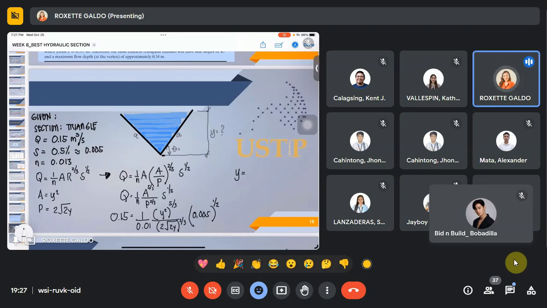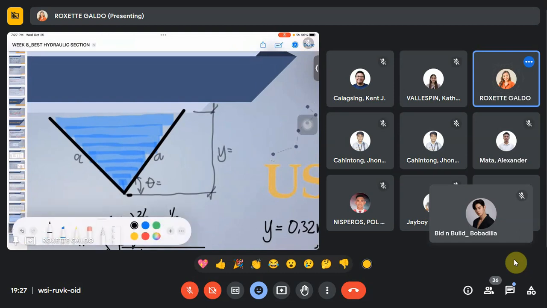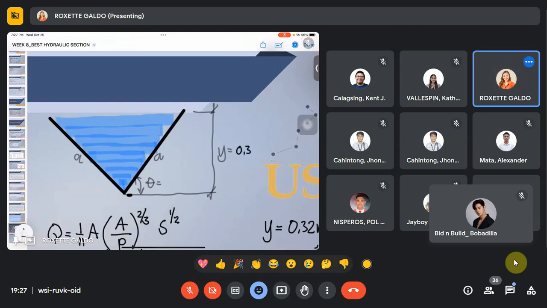Okay, it is 0.32 meters. That means this y is equal to 0.32.